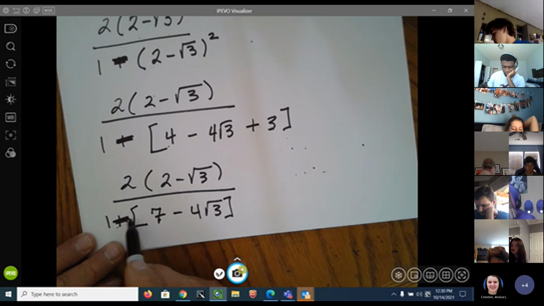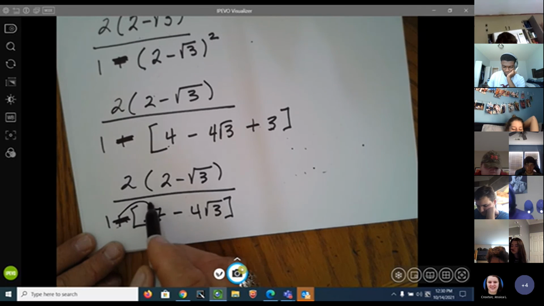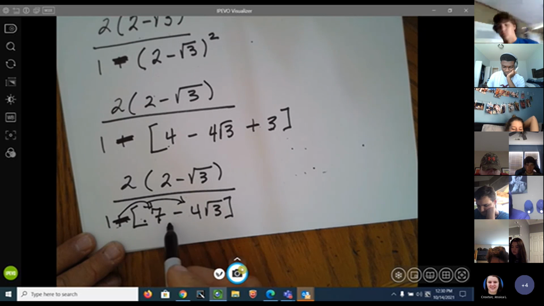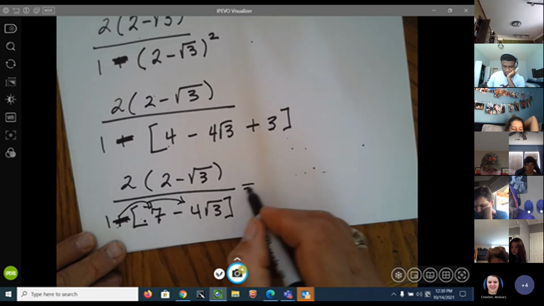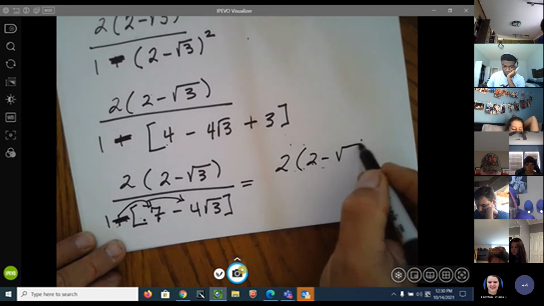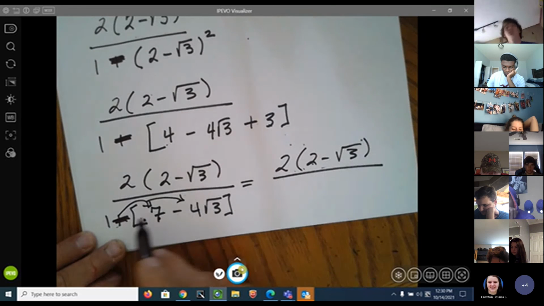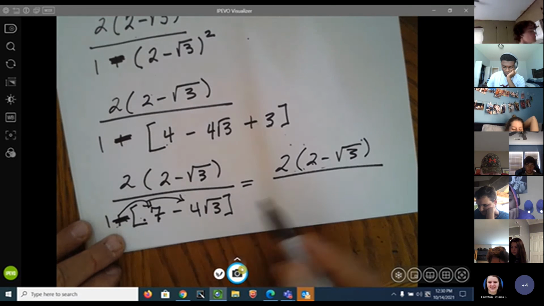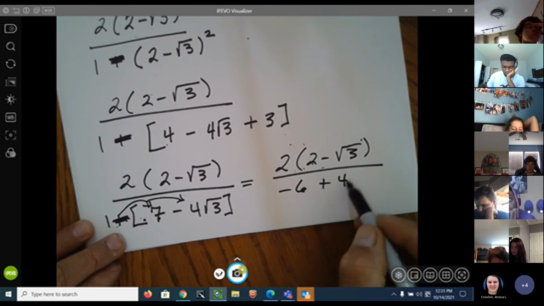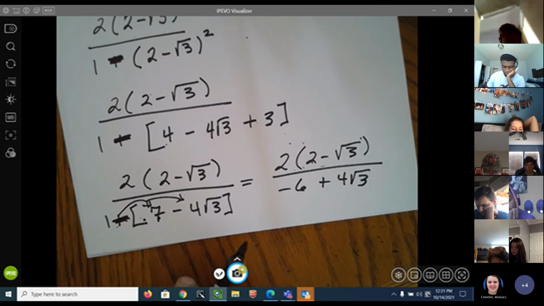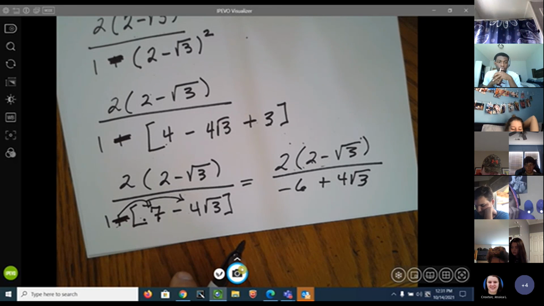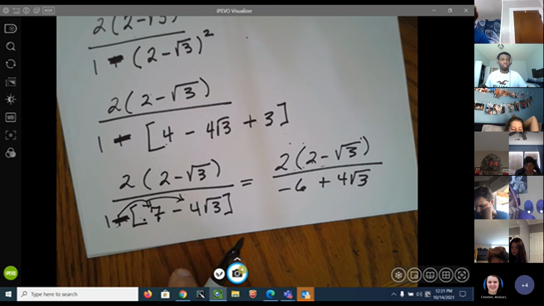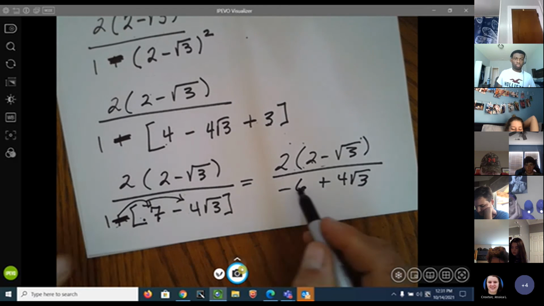We could distribute this here, and that would be a negative 7 plus this. So that would be 2 minus square root of 3 over, what's 1 minus 7? Negative 6 plus 4 square root of 3. You could factor out a 2 right here.